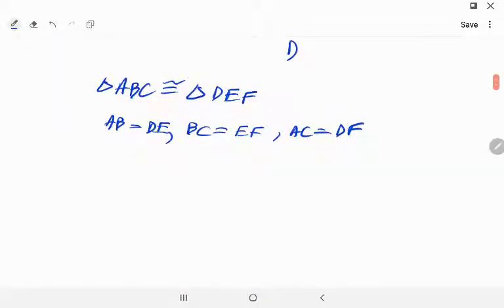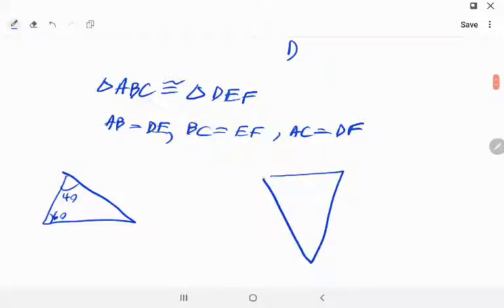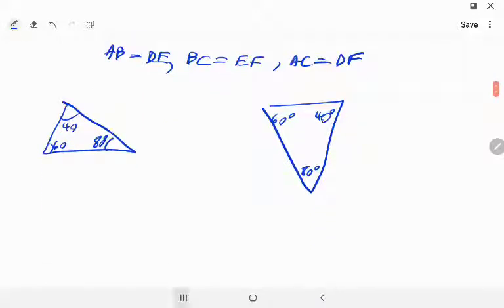We also notice that if we know one angle is 40 degrees and the other angle is 60 degrees, we don't actually need to know the third angle. If the other triangle was 40, 60, the third angle has to be 80, and so the two triangles must be congruent.